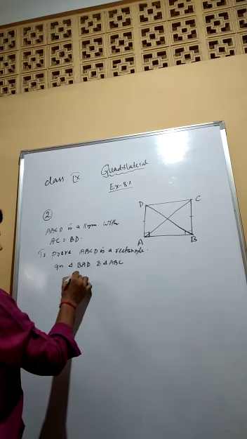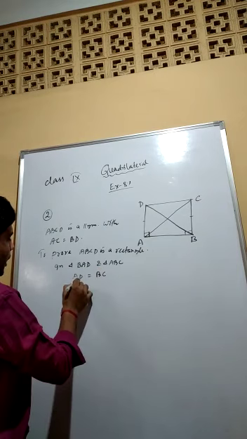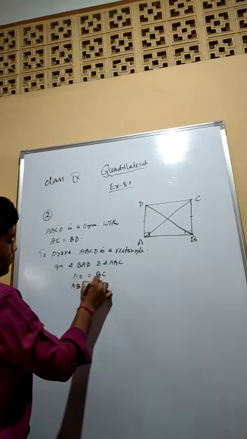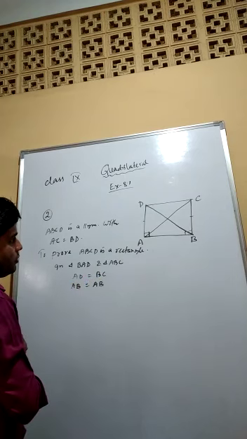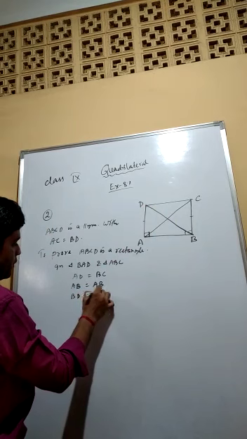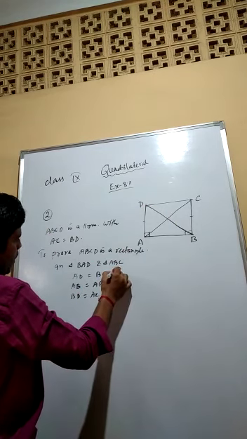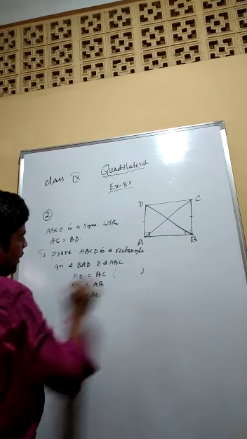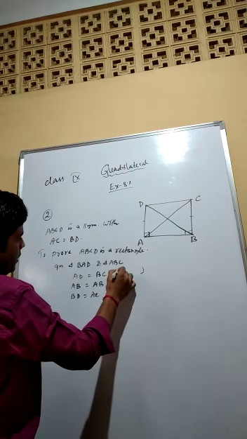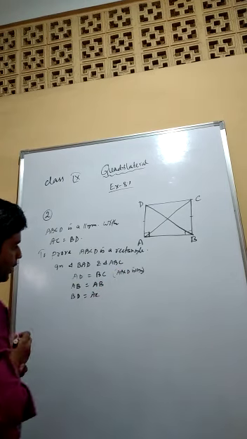You see here that AD equals BC, and AB equals AB is common, and moreover what is given is that BD equals AC. For reason 1, within bracket you can write that ABCD is a parallelogram.